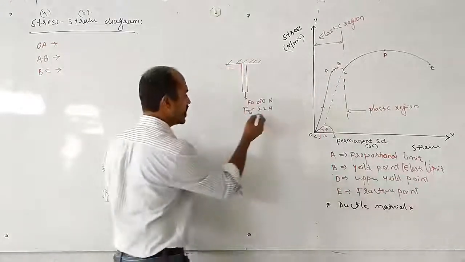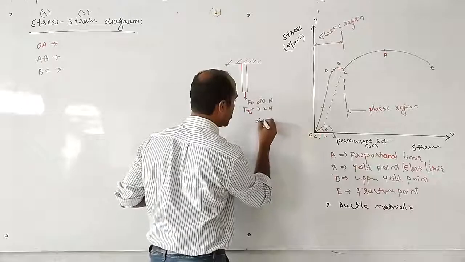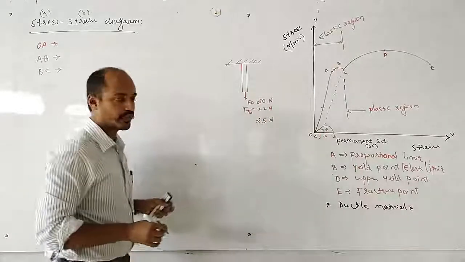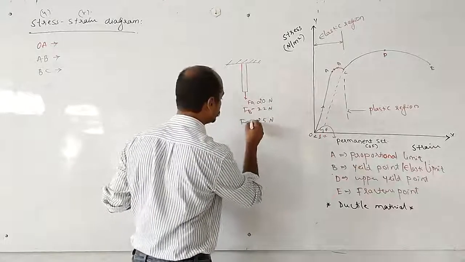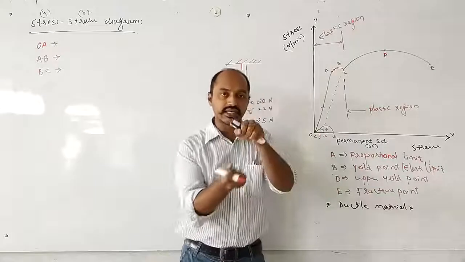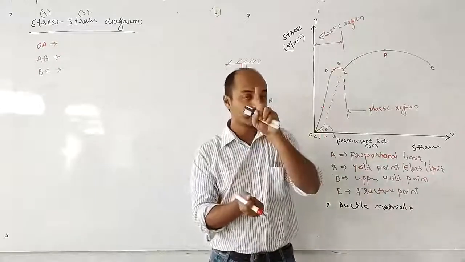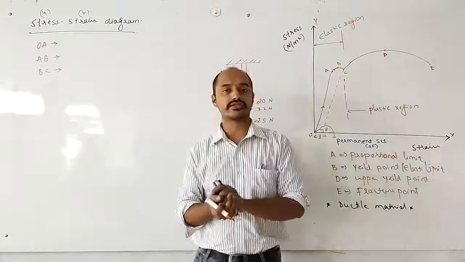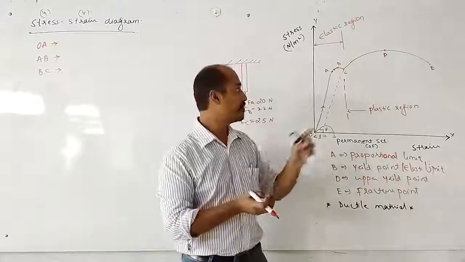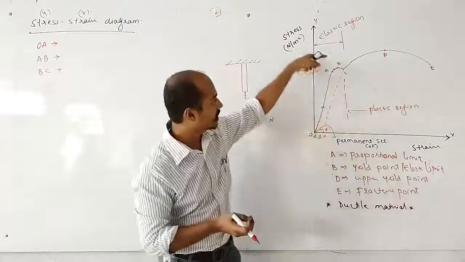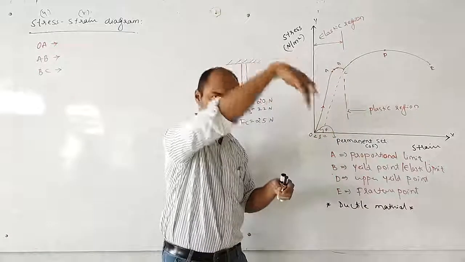Force is increasing, which means if I have applied 22, then certainly I will go to 25 Newton. It is FC. As the force is increasing, now strain increases, but stress decreases. See the curve, it is going down.